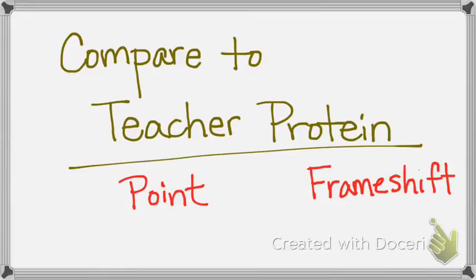I want you to compare your protein to my protein and figure out where your DNA strand went wrong, where your messenger RNA went wrong, where your amino acids went wrong. You can compare your codons to mine, compare your shapes and amino acids to mine. Try to figure out exactly what went wrong.